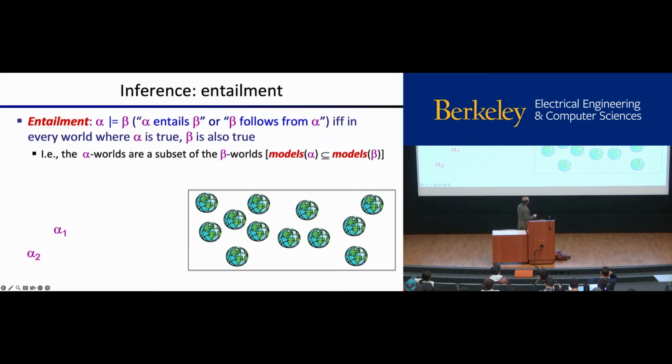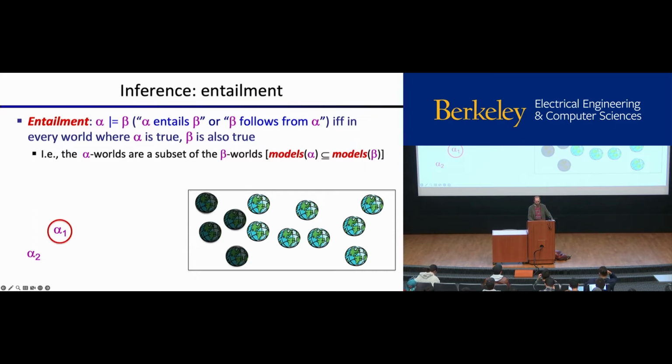And so maybe it's a little surprising that alpha corresponds to a smaller set, but smaller sets you can also think of as stronger. Smaller sets of possible worlds are more highly constraining what's going on. They tell you more about the world you might be in. So you have the stronger sentence alpha entailing the weaker sentence beta.